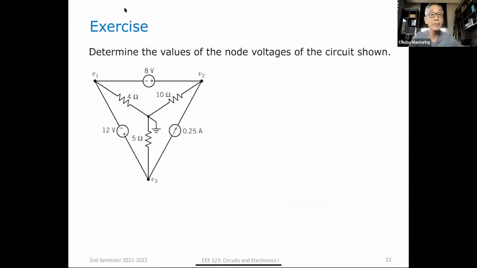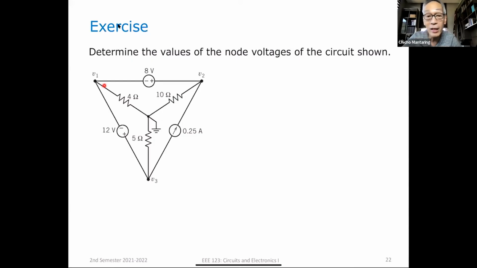Okay, ito. Here's an exercise. I want you to think about this. Can you apply KCL at any, first of all, no?